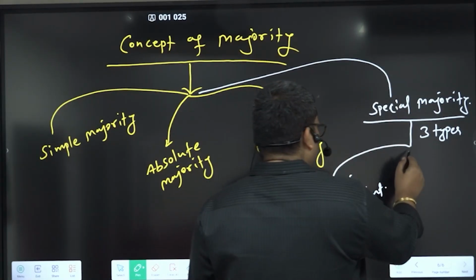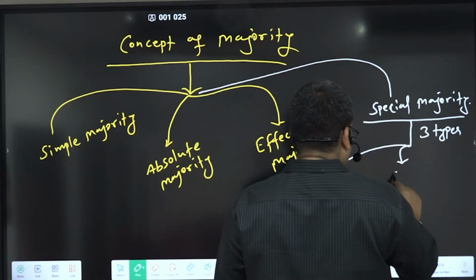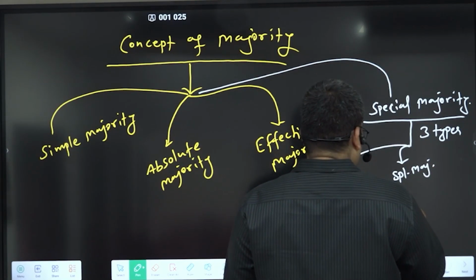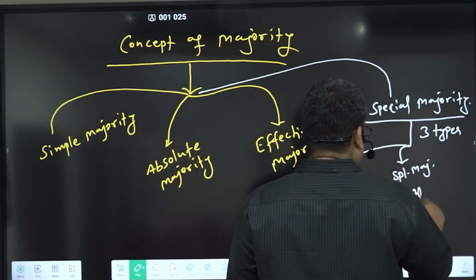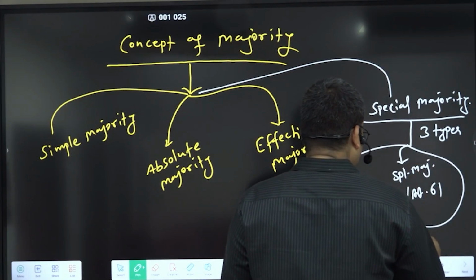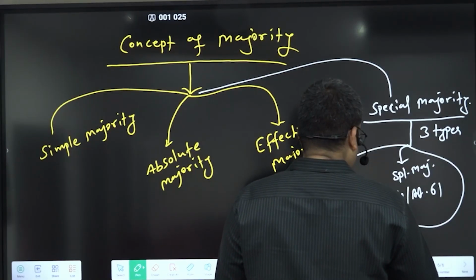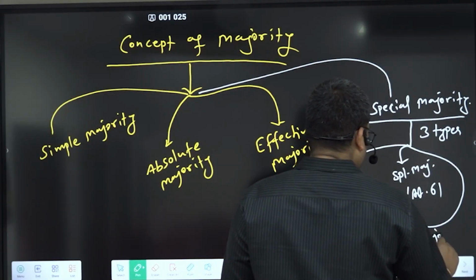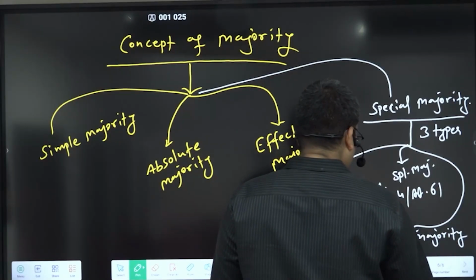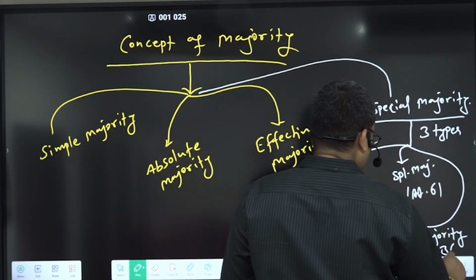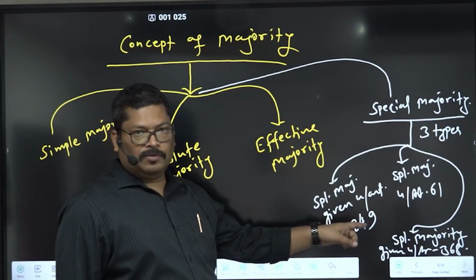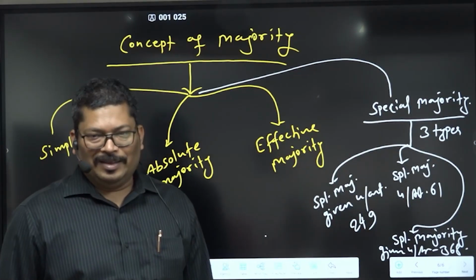Second kind of special majority is special majority given under Article 61. Then it comes special majority given under Article 368, which is going to be the chief concern for us right now.